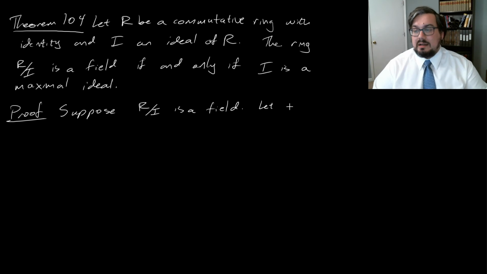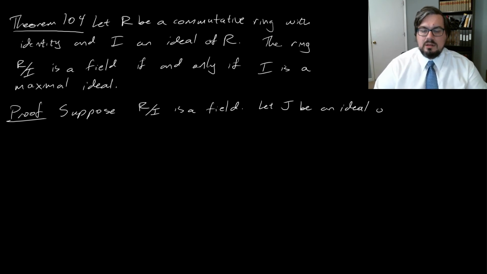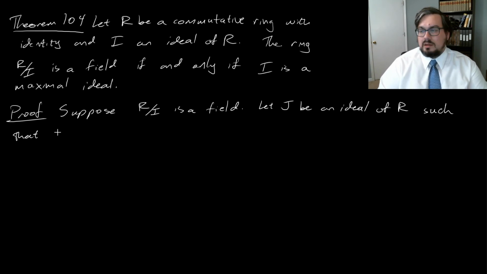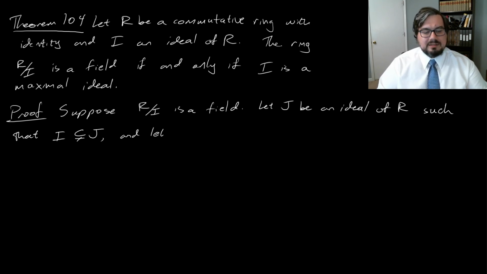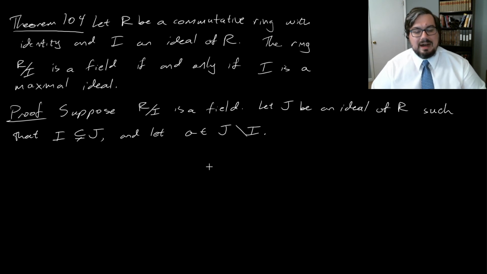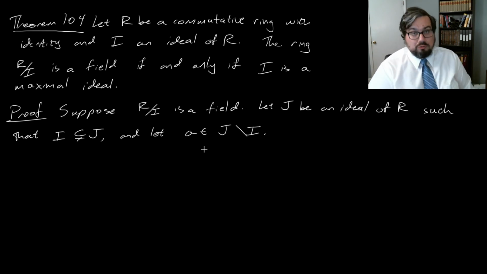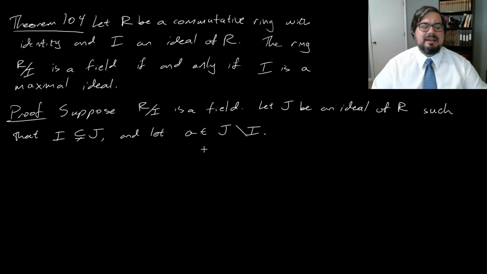So let J be an ideal of R such that I is strictly contained in J. So I is contained in J, but is not equal to J. And let A belong to J, but not I. We're going to try to show that J has to be equal to the whole ring, and that will show that I is maximal.